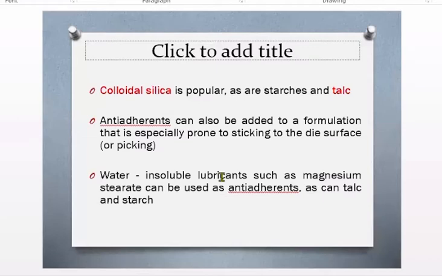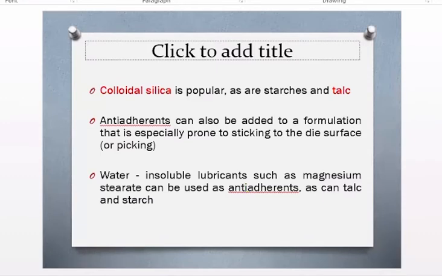So anti-adherents are, as I've said, added to the formulation to reduce sticking to the die surface. An example commonly used is magnesium stearate, but also talc and starch also act as an anti-adherent, in addition to acting as a glidant.